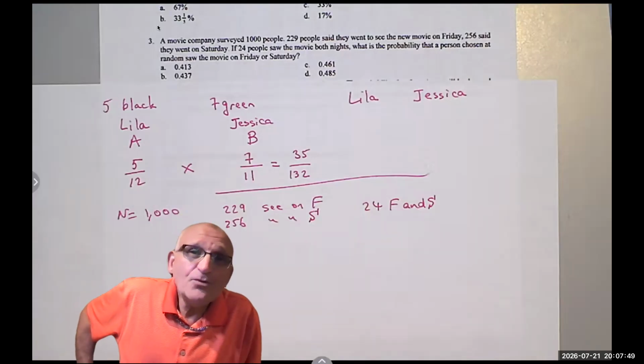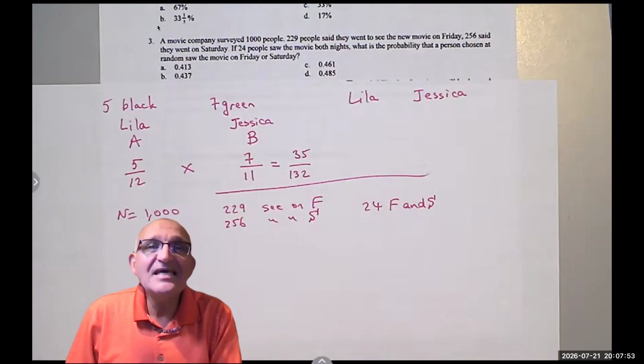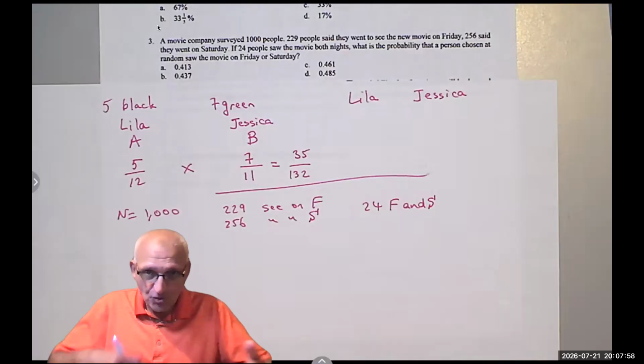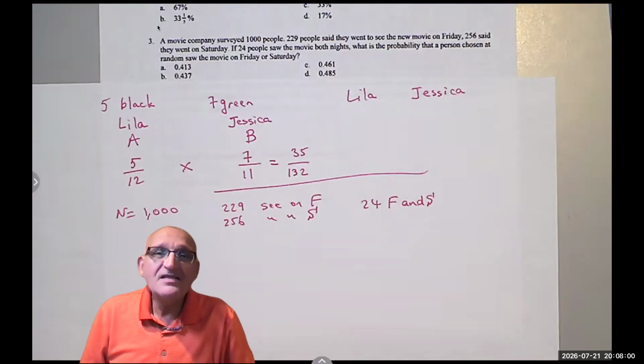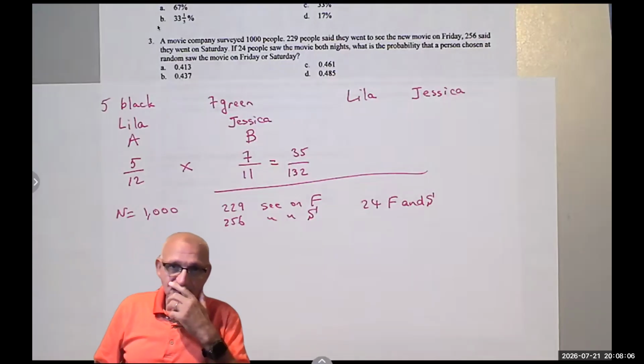But in probability, when I say two events, this or that, I mean inclusive. We call it logical or, not day-to-day or. This or is inclusive, meaning either A or B or both.